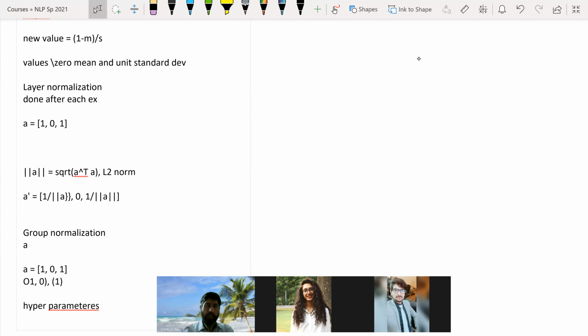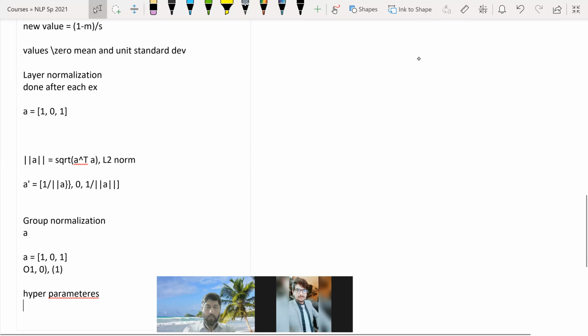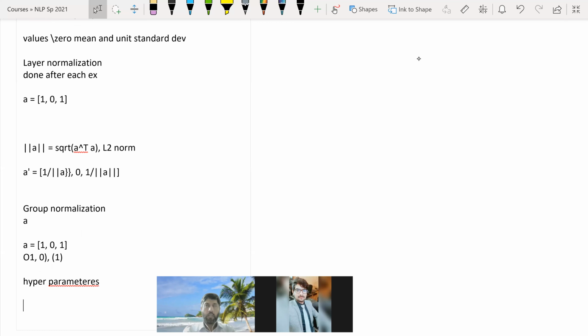All of these decisions are in a way hyperparameters. And if you want to find the optimal set, you have to evaluate over the validation set. So that was layer normalization.